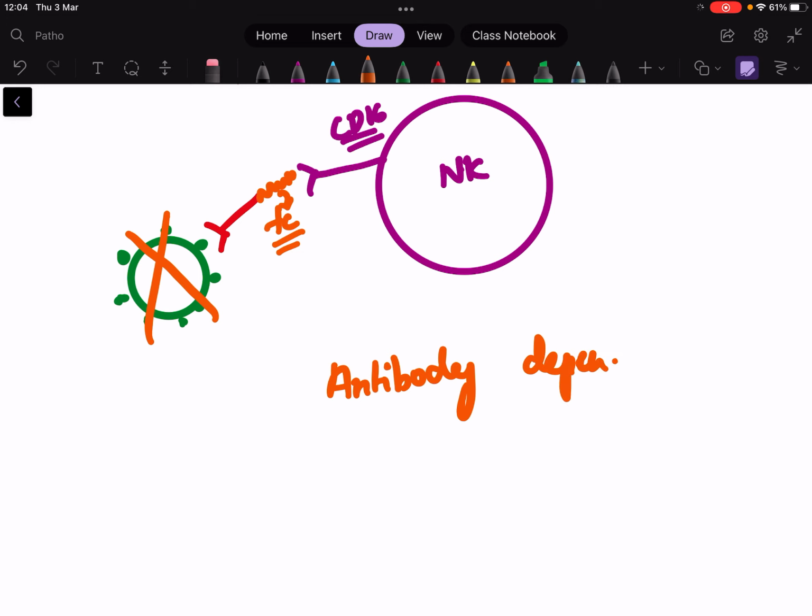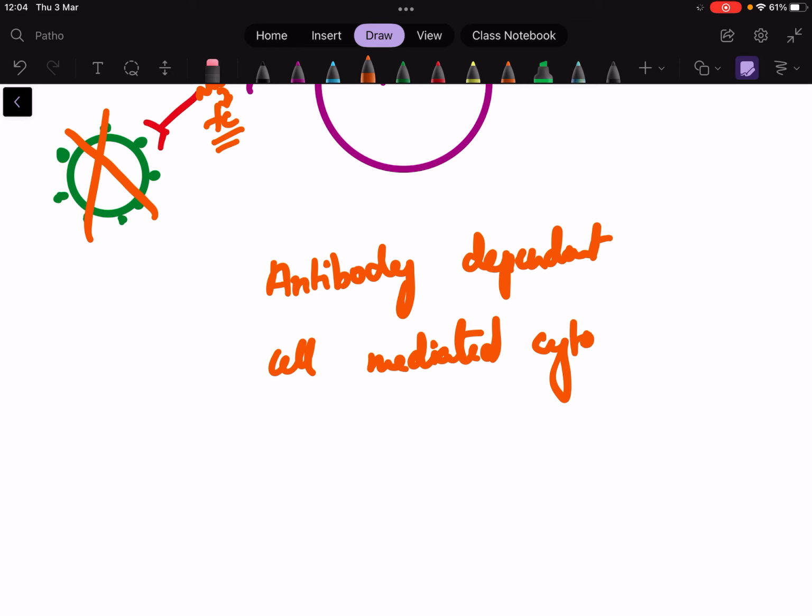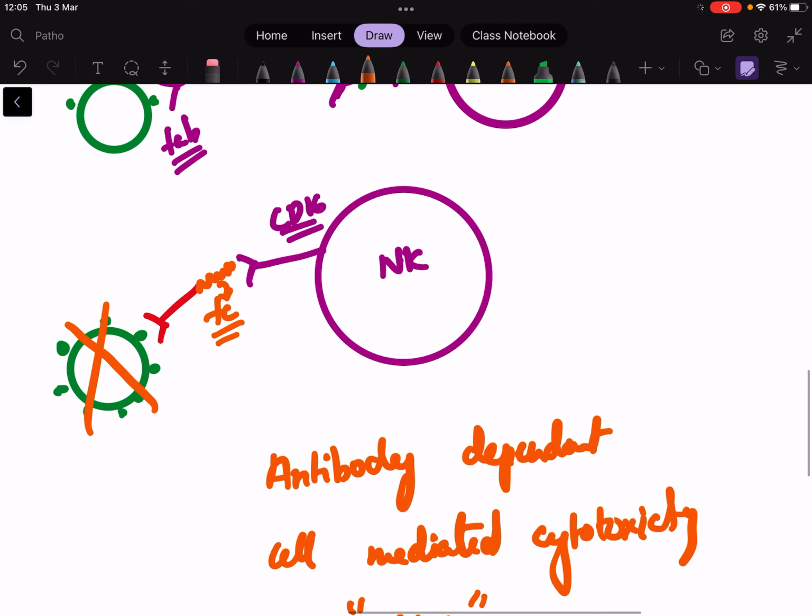This type of phenomenon is called antibody dependent cell mediated cytotoxicity, or we can simply call it ADCC. Now why is it called ADCC? Because as you can see here, we are using an immunoglobulin or antibody.